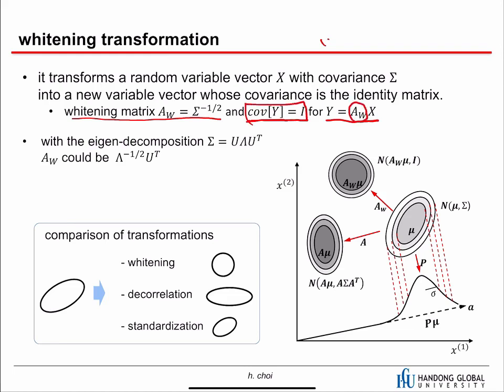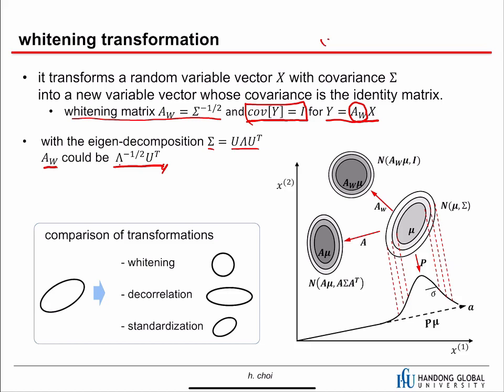Then A sub w is a whitening transformation. And with the eigen decomposition of this covariance matrix, A sub w could be this one: the eigenvalue matrix to the power of 1 over 2 times the eigenvector matrix transpose.